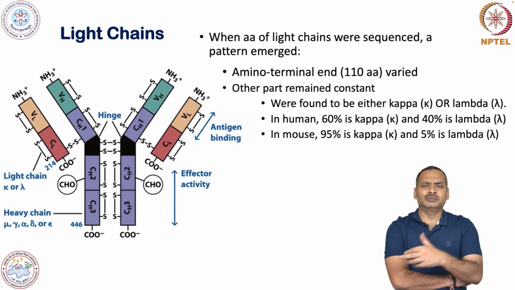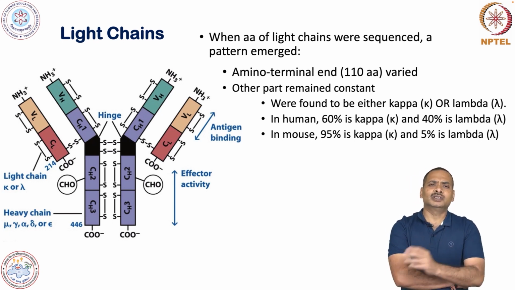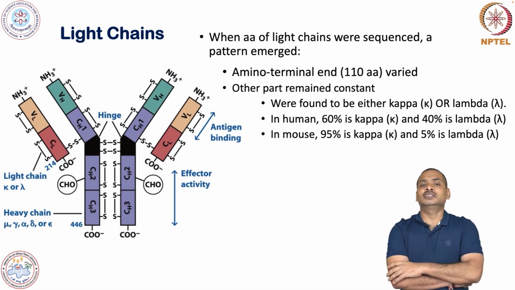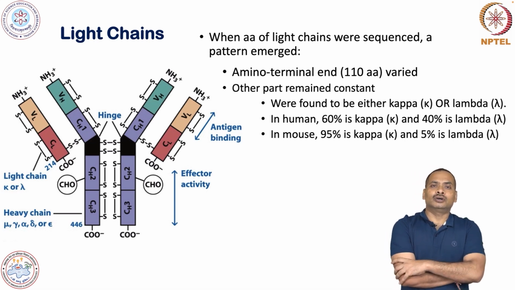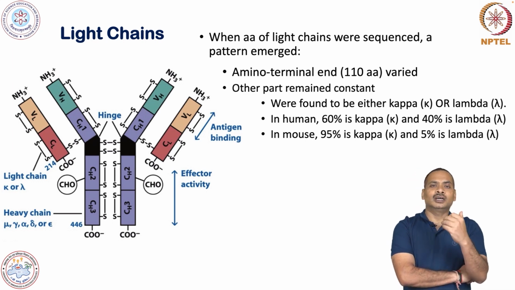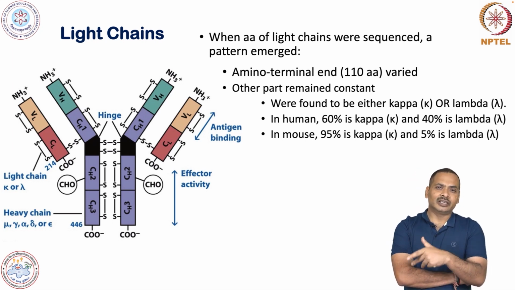So they gave a simple name, kappa and lambda. There are two kinds of sequence, and they call them kappa or lambda. So whatever they sequenced, the constant region is either kappa type or lambda type.